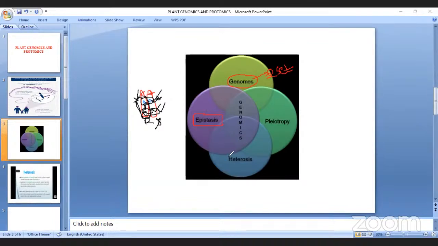And another one is heterosis. What is heterosis? Are you aware of this? Heterosis means, for example, here are the two parents, with one parental character.